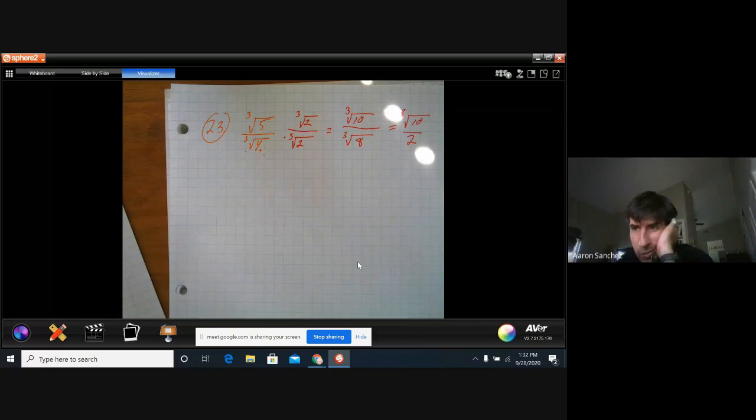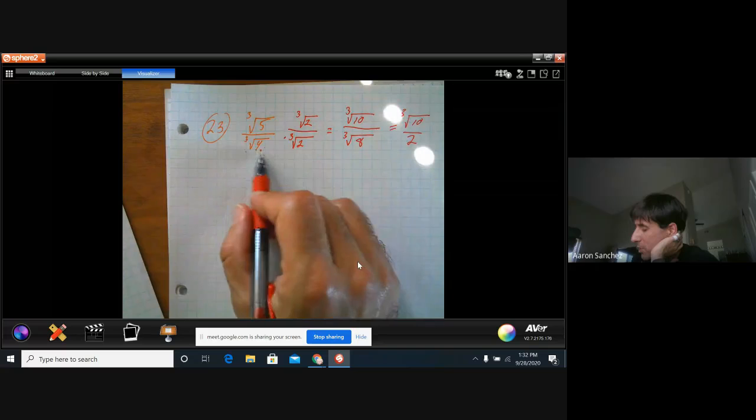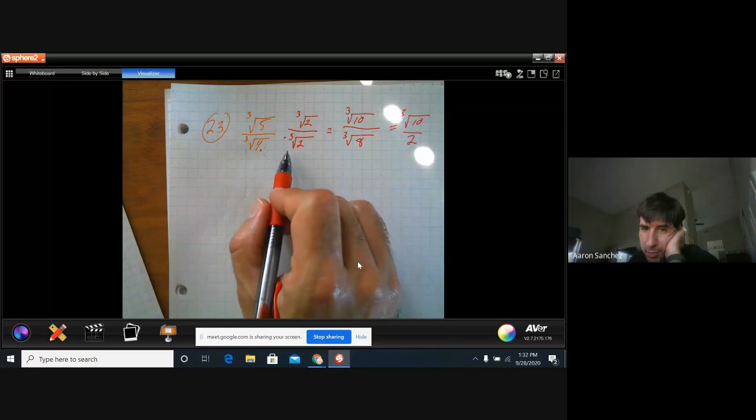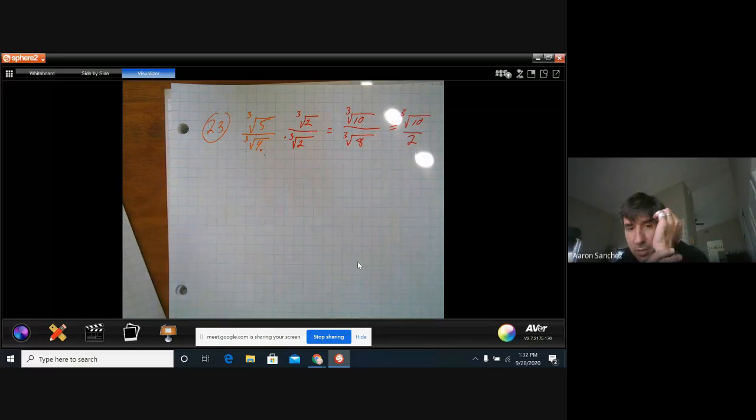You can change this to any cubed root that you want. I just figured 8 is the easiest. Any perfect cube. And the way you find a perfect cube is you just multiply a number by itself 3 times. So yes, 4 times 4 times 4 would be 64.